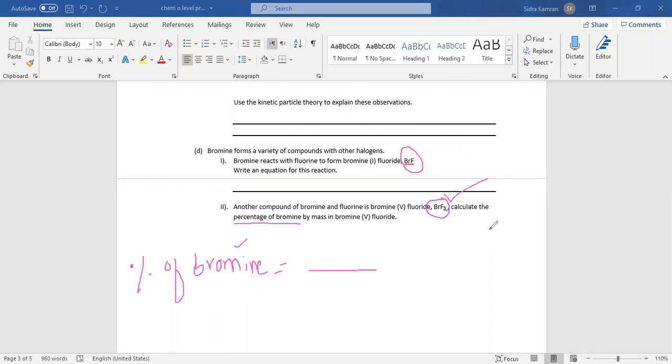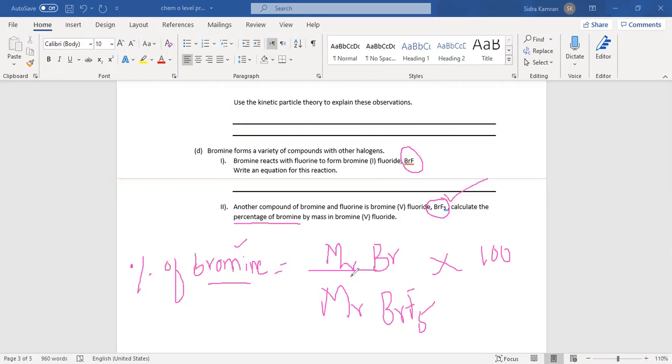If there is another compound and you have to calculate the percentage of any other element, you have to change this formula according to that. So at the top you have to write the atomic mass of bromine, and at the denominator you have to write the molecular mass of BrF5, and multiply it by 100, because you are going to calculate the percentage of bromine in this compound.